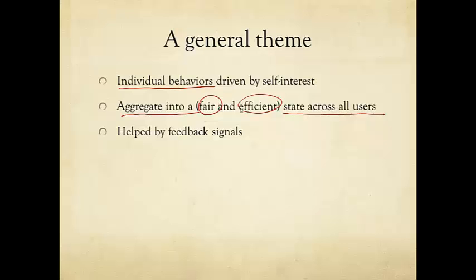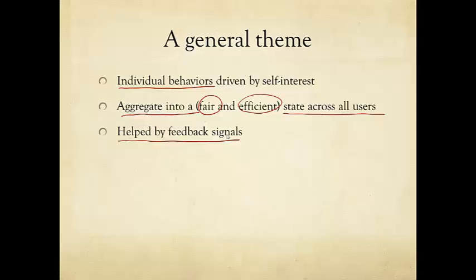Such a phenomenon of local behavior aggregating into a global configuration that is desirable is going to be helped by some kind of feedback signals, which could be, say, a pricing signal, or maybe a congestion signal, or maybe a collision signal.